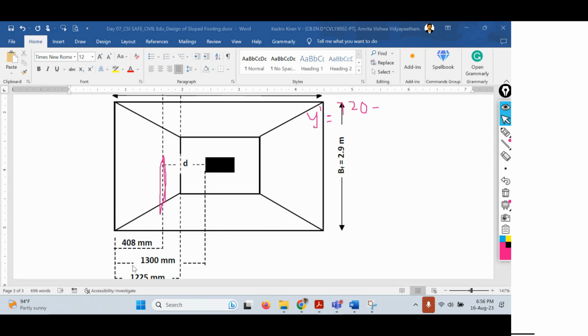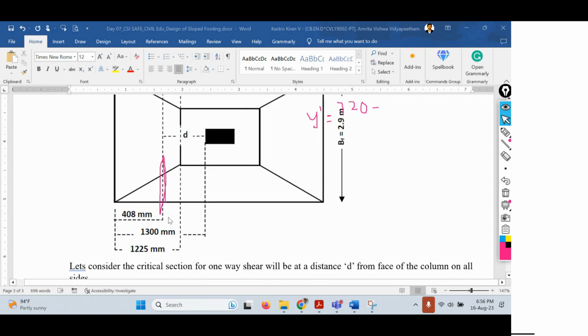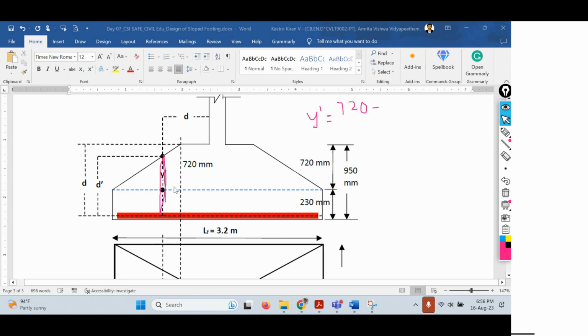Let me have this calculation for 408. I'm just checking with this calculation. I have written 408. 720 is this one. Okay, that's fine.